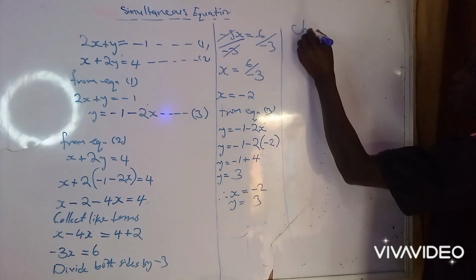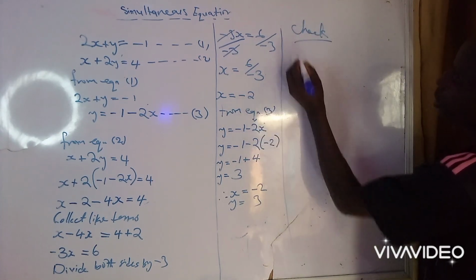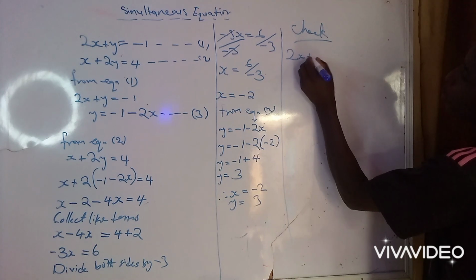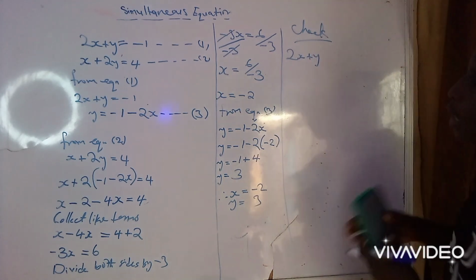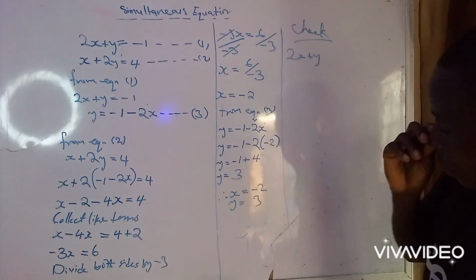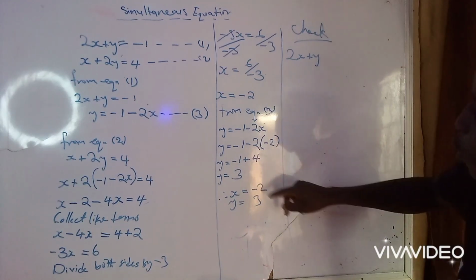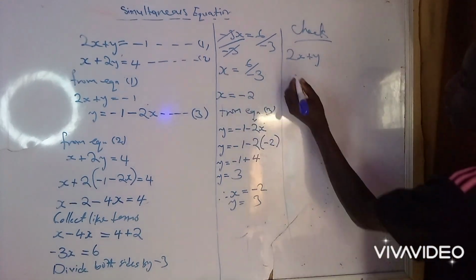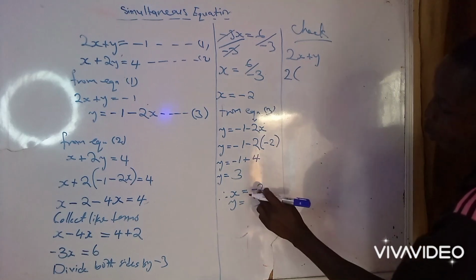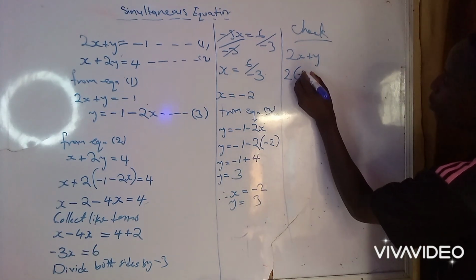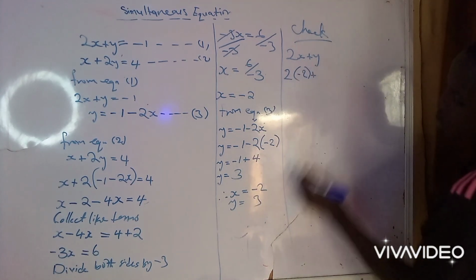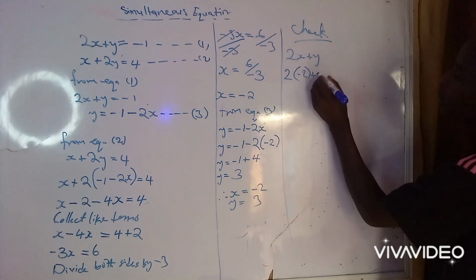But this will only serve as a check. We have 2x plus y. Let's see whether 2x plus y, by our answer, will give us minus 1. According to what we obtained, minus 2 plus y. According to what we obtained, 3.